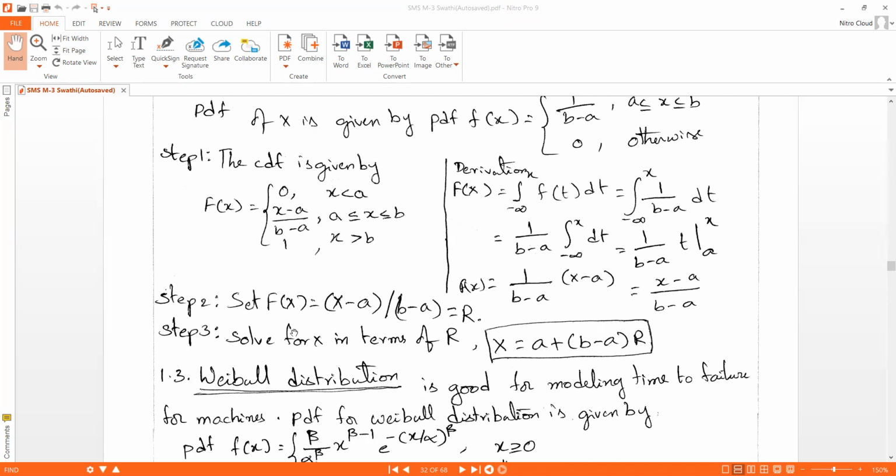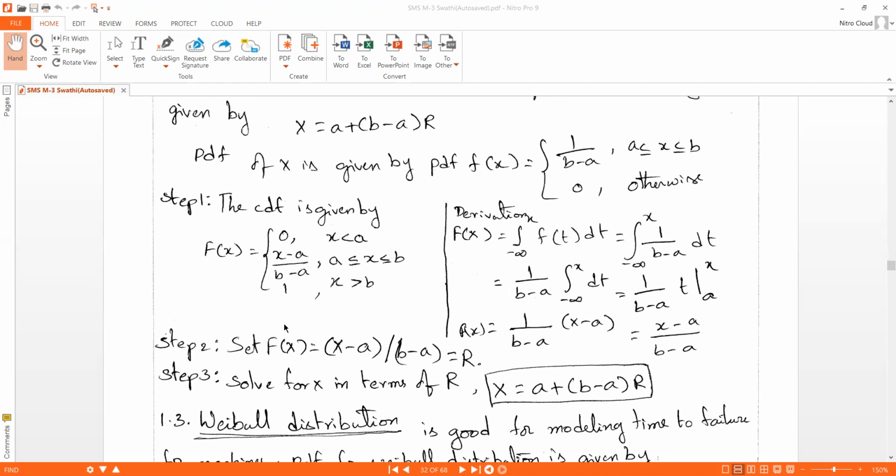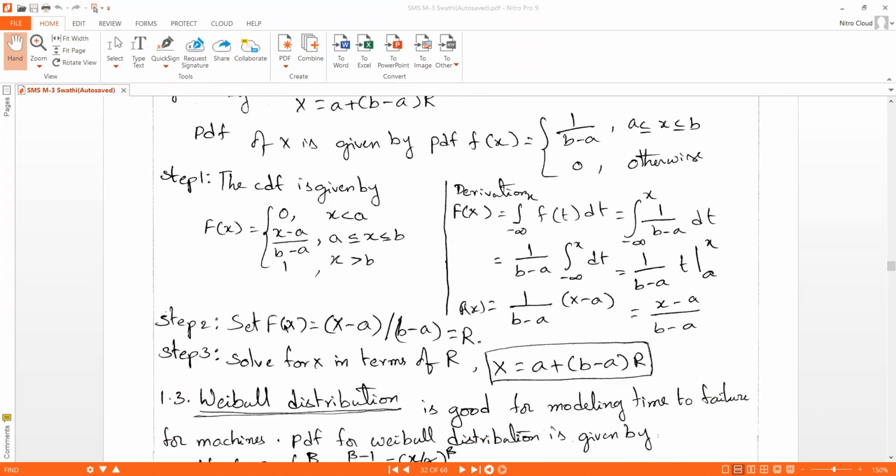Second step, we set F of x equal to r in the inverse transformation technique. So here we are setting F of x equal to r for the uniform distribution. F of x is x minus a divided by b minus a. Next, step 3, solve x in terms of r.